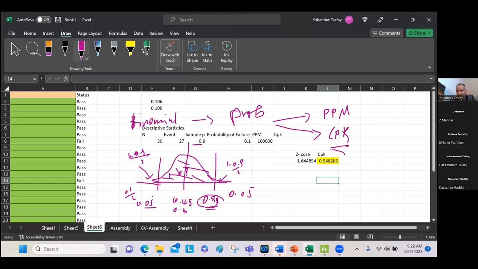So this is the CPK of this process, what I find based upon the binomial approach.